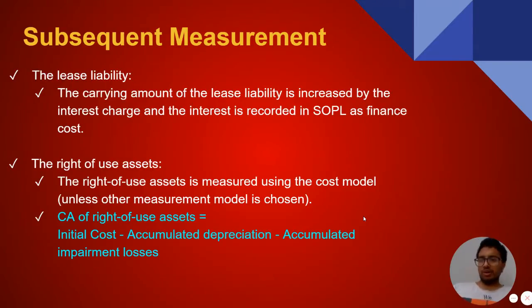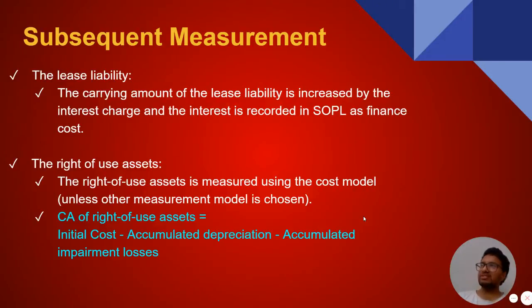Whenever we are talking about subsequent measurement, its basic treatment will be, in case of lease liability, that we will be increasing the interest charge, and the interest will be recorded in SOPL as finance cost, right? So debit finance cost, credit lease liability, increasing your liability because of time value.